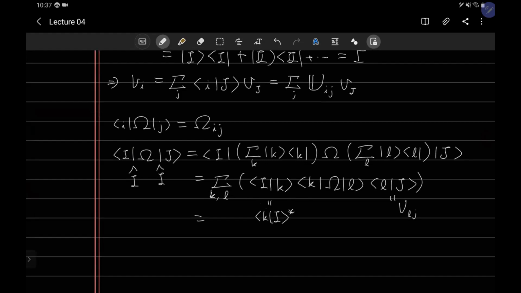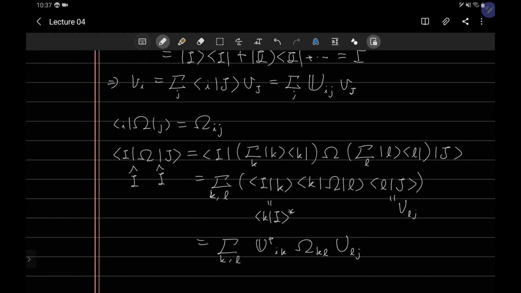And now, this one, we know that this is the unitary operator. So the relation is that this part is a summation over K and L index, and this is the U dagger of the I K component, and this one is the K L component, and finally this one is a U L J component.